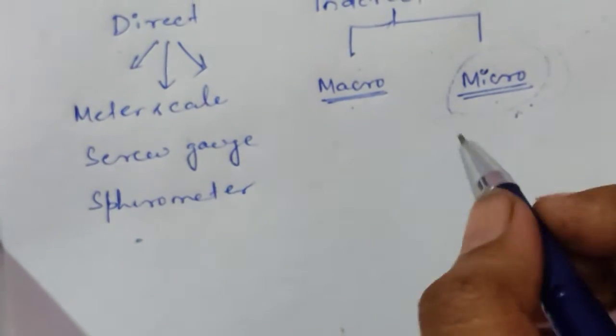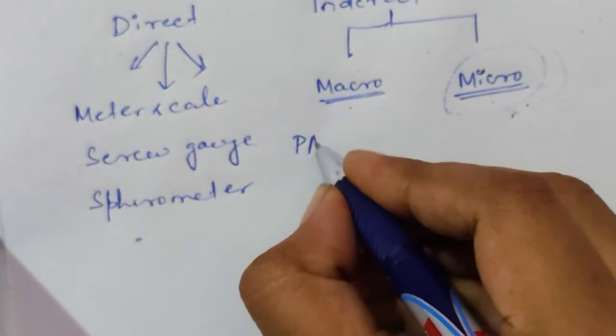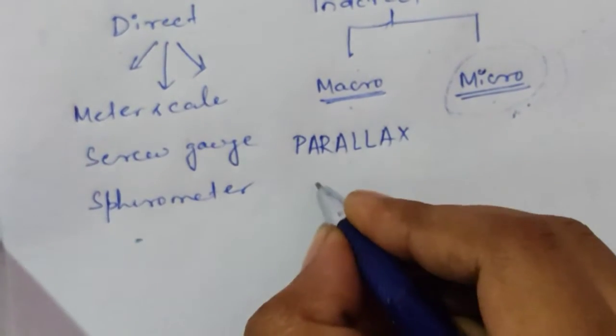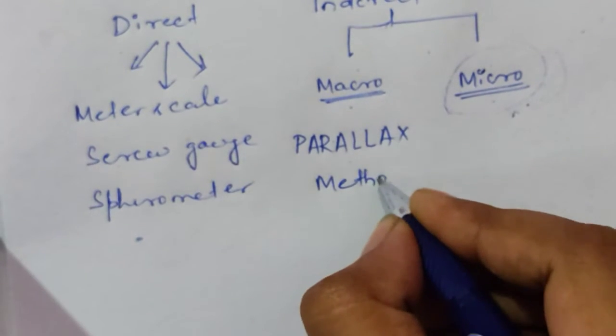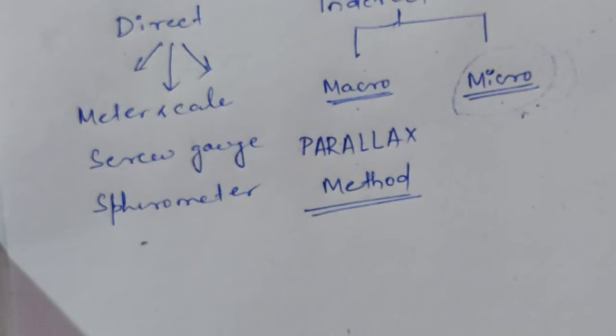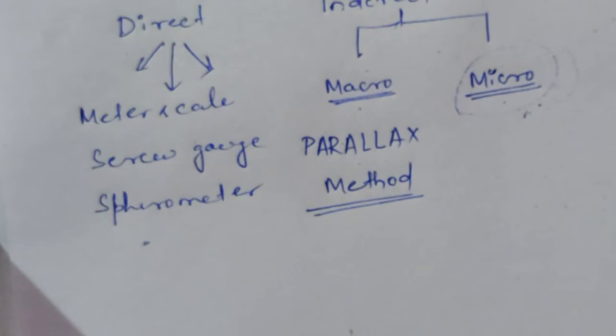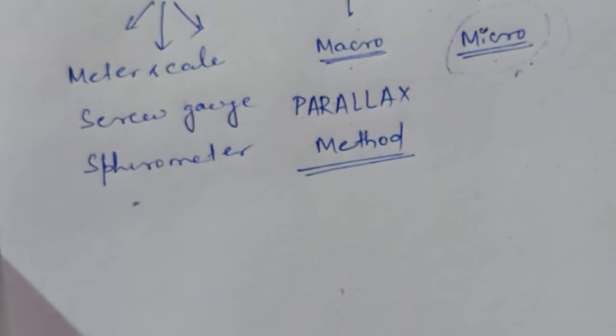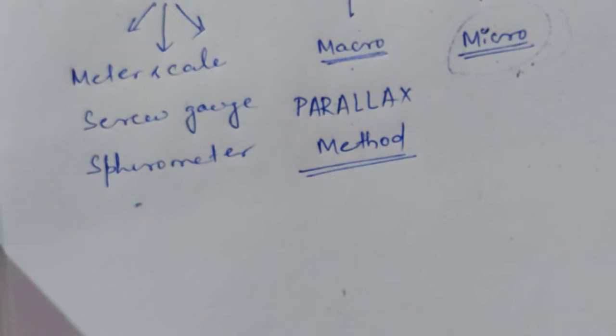In macro distance, the most important method which we use is known as the parallax method. Clear? Similarly, there are some other methods also which we can use to know the distances of macroscopic bodies.